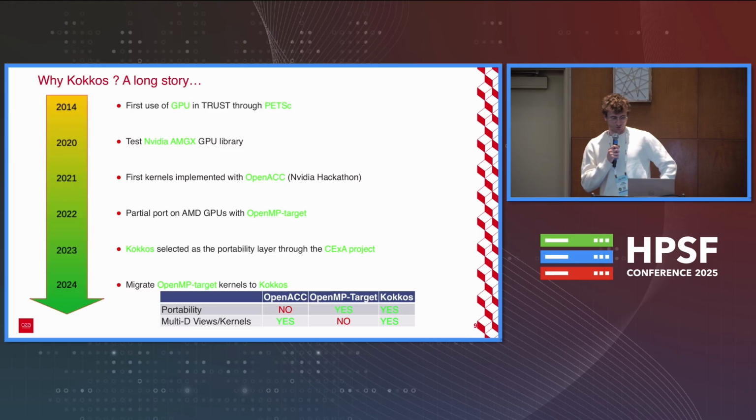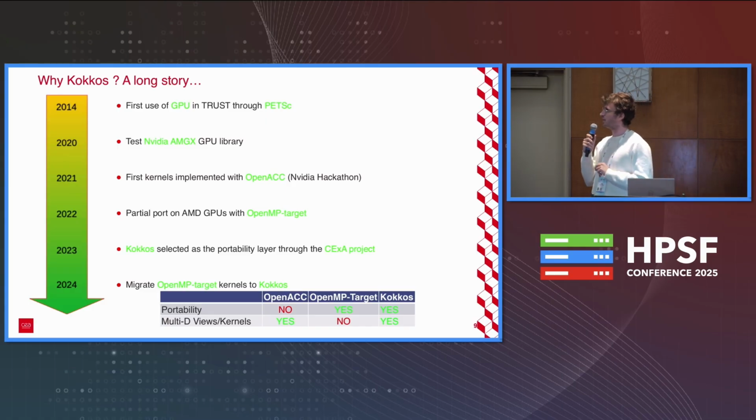So why Kokkos? It's quite a long story. The GPU porting of Trust, the first experiment started in 2014 using the first GPU-enabled libraries of PETSc for solving the linear system. In 2020, some tests were done with the Nvidia AMGX library. In 2021, the first Trust kernels were ported to the GPU using OpenACC during an Nvidia hackathon.